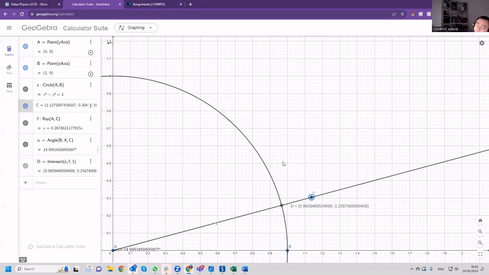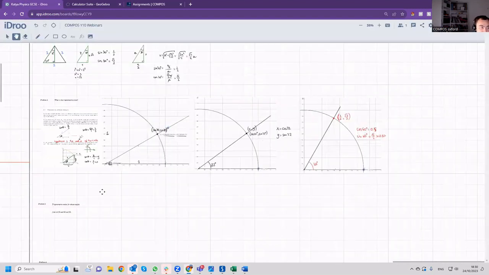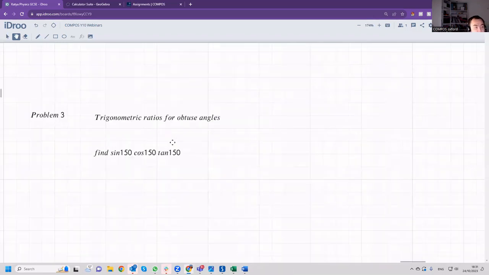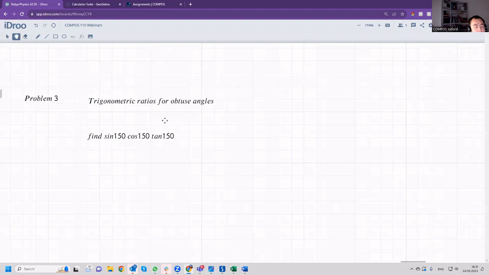Now, the next section is trigonometric ratios for obtuse angles.